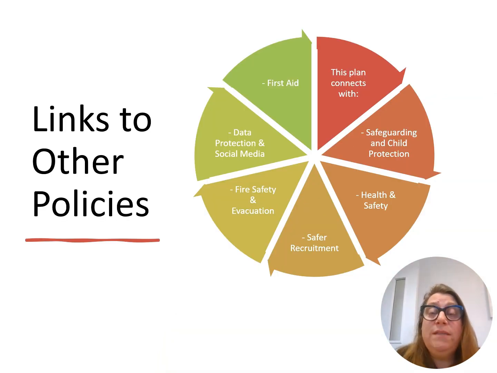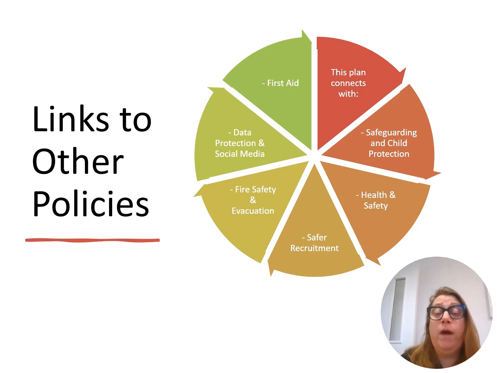There are other policies that you already have in place that will inform your critical incident plan. Many of the things that you will be thinking about will be detailed in these, so you don't have to repeat them, but you can refer to them. For example, your evacuation plans in the event of a fire will be in your fire safety procedure, or reporting concerns to the LADO will be in your safeguarding and child protection policy.